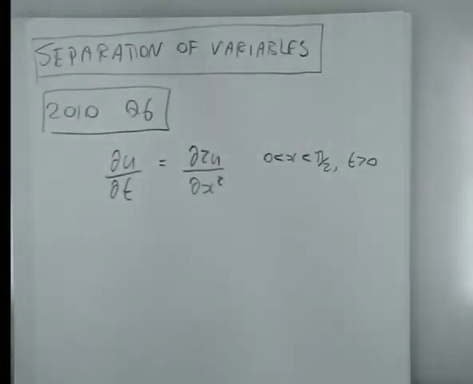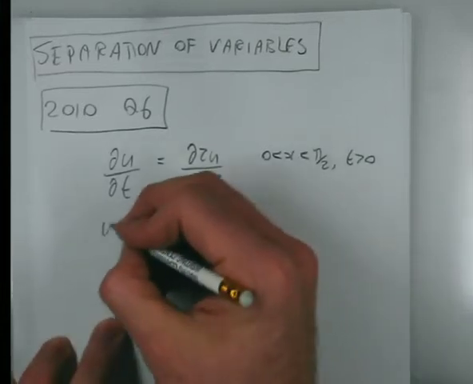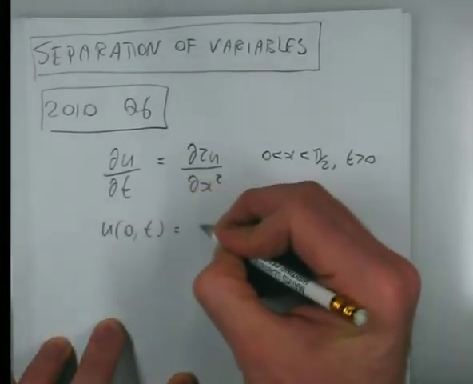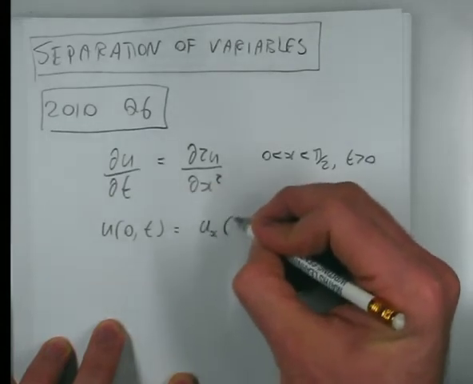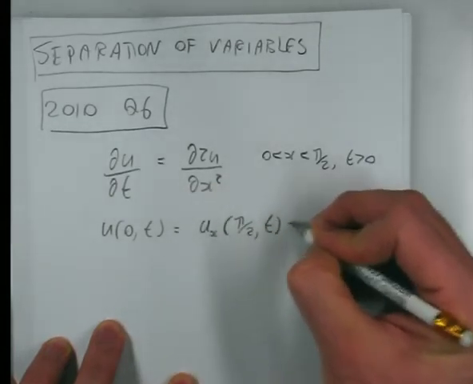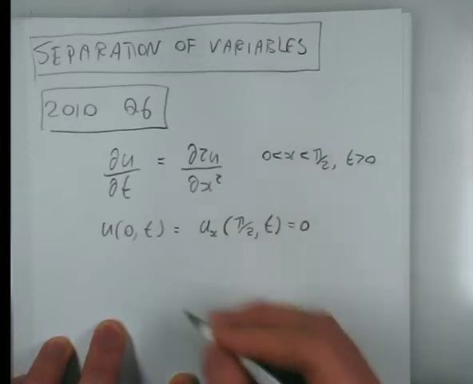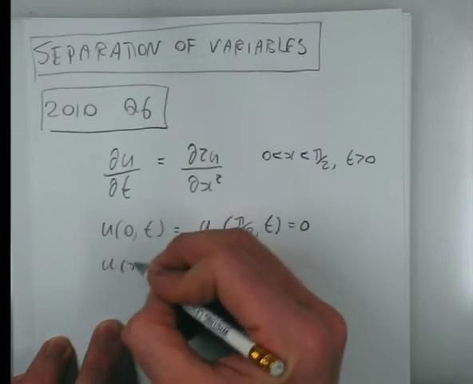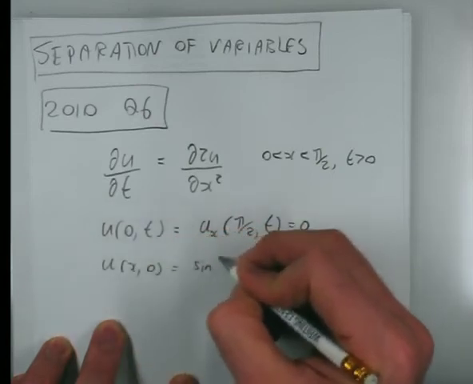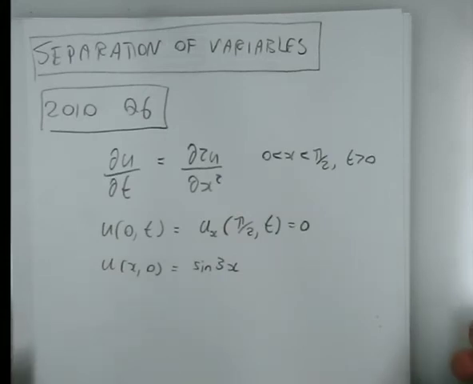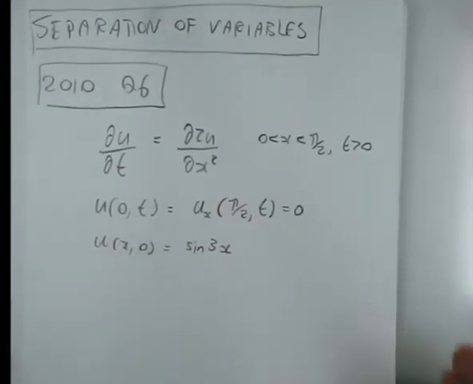It's a partial differential equation. And we've got that the temperature is 0 at x equals 0, and the rod is insulated at the other end. And therefore the boundary conditions are, and also the initial conditions are, okay.